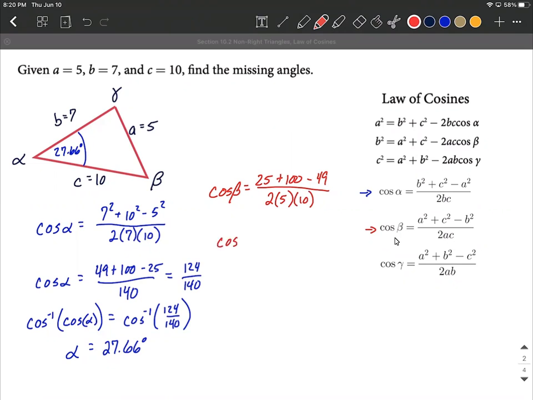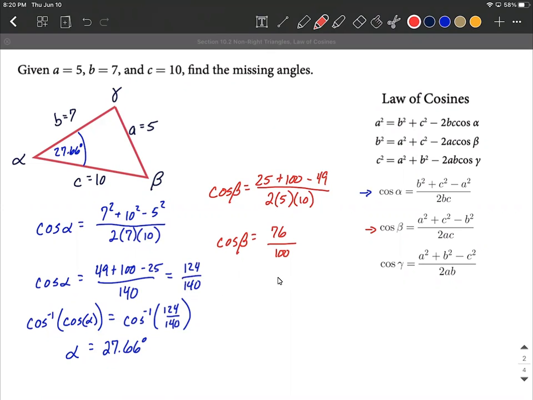So with a little bit of reducing, 25 plus 100 minus 49 is going to be 76. And then 2 times 5 times 10 is going to be 100. Pretty similar to where we were when we had cosine of alpha equals 124 over 140.